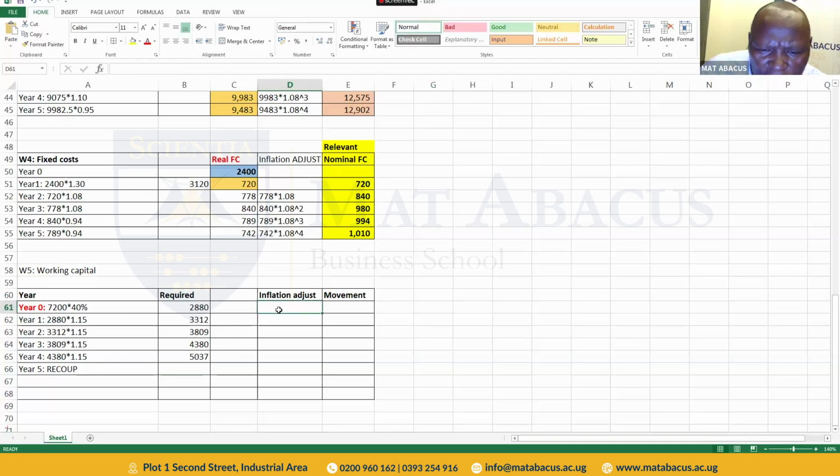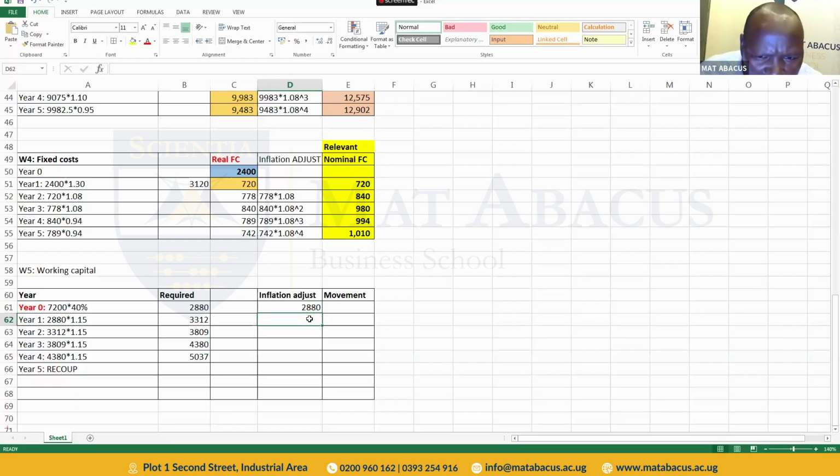And now we bring in the inflation adjustment. Inflation starts in year 2. That means this figure will not be adjusted for inflation. You should take note that the figure for year 0 here, the 2880, is technically for year 1.